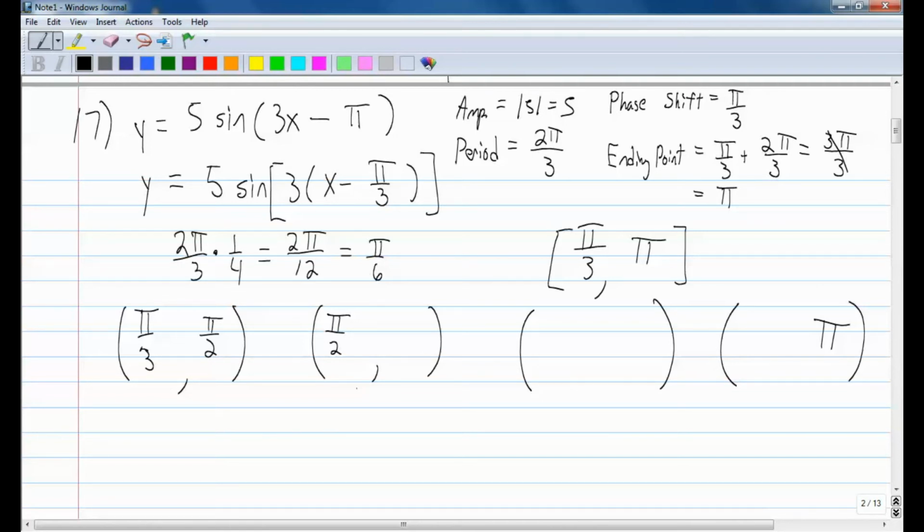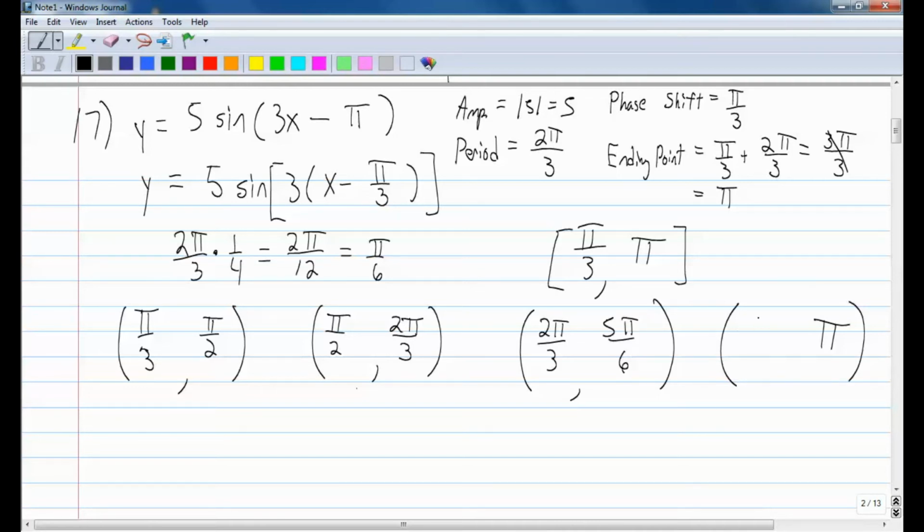That would be 3 pi over 6 plus 1 pi over 6. That's 4 pi over 6, which reduces to 2 pi over 3. Then 4 pi over 6 plus 1 pi over 6 is 5 pi over 6.